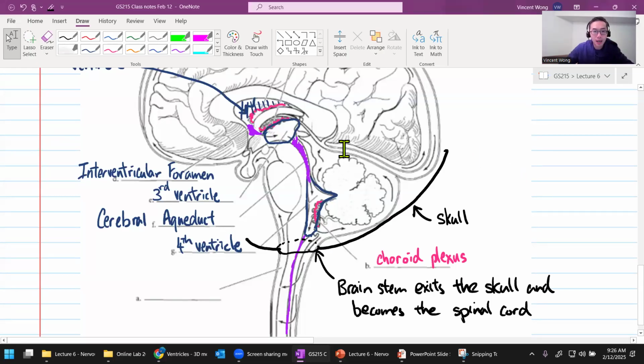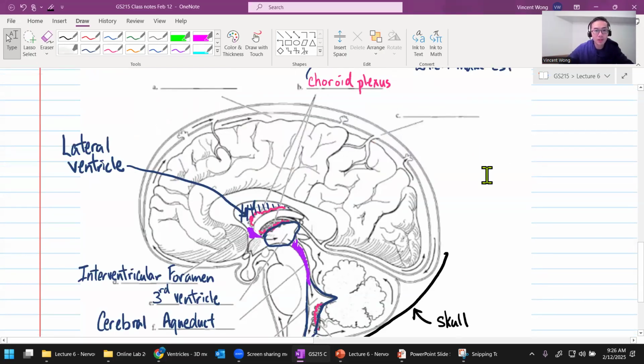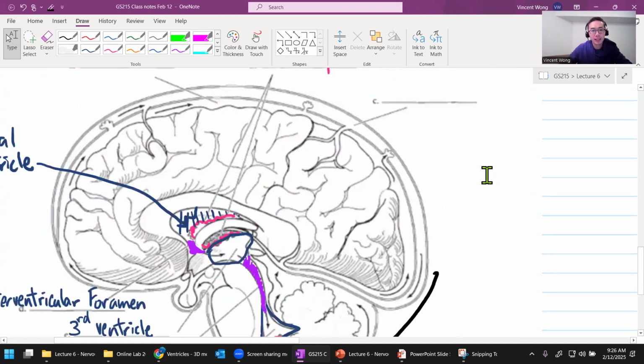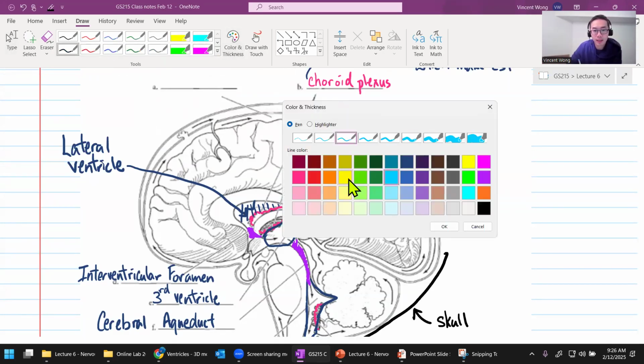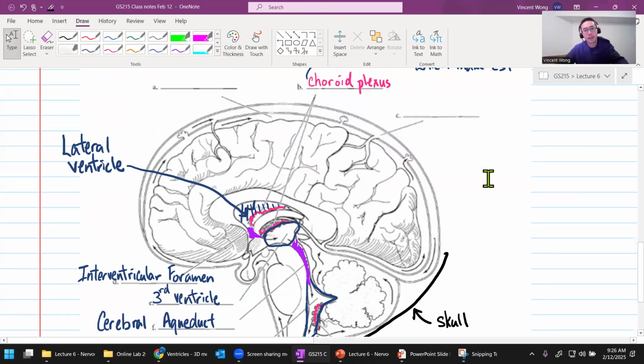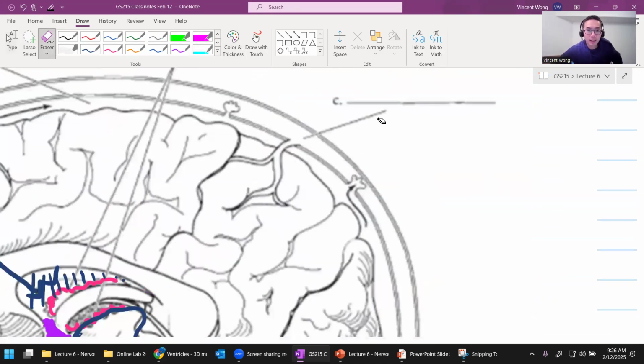Okay, a couple additional things that we should label. This is going to be challenging to show you. I'll try. Let's zoom in a little bit. This one and then this one.